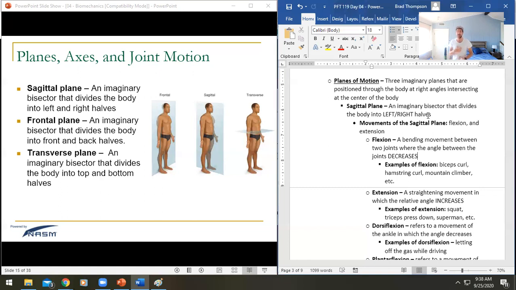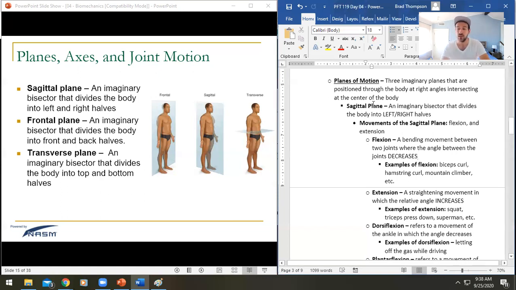That's a sagittal movement. When I move my head up and down, that's a sagittal movement. Bicep curls, sagittal. Tricep extensions, sagittal. Dips, sagittal. Now, obviously, dips are a good example of where sometimes your elbows will flare out a little bit and you get a little transverse in there, but we'll look at that in just a second.